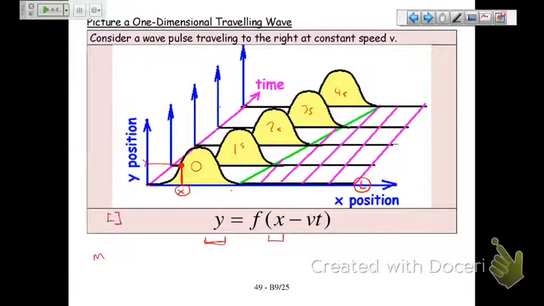I want a length as my answer, but I know it's got time there, so what can I do to time to make it into a length? Oh, I know. If I divided it by time and multiplied it by length, that would work, and that there is a velocity. So it makes sense that this is vt, because it gets the dimensions right.